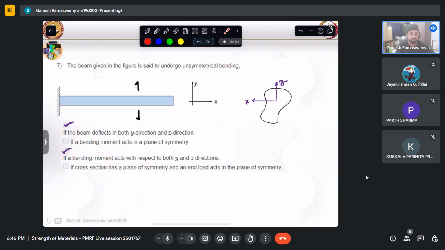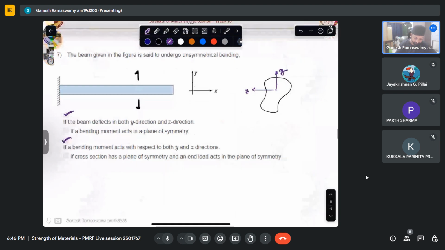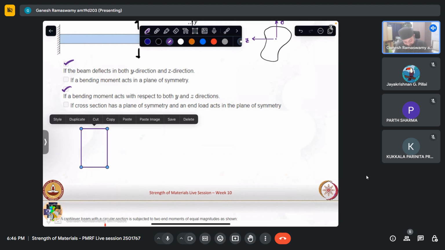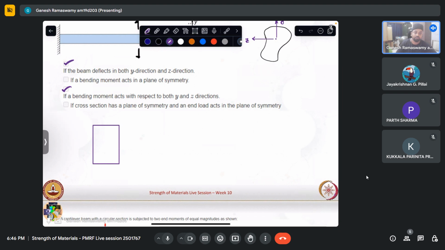So the equations, if we see, will have asymmetry coming in because of either moments that are acting about two axes. So either the section can be symmetric, and by symmetric section I mean the product of inertia IYZ is zero, but it is having bending moment in two directions.